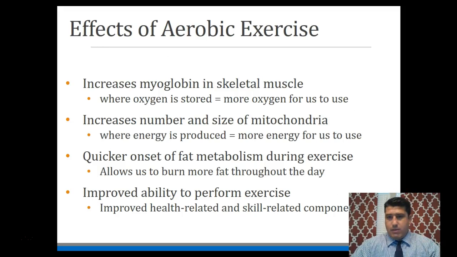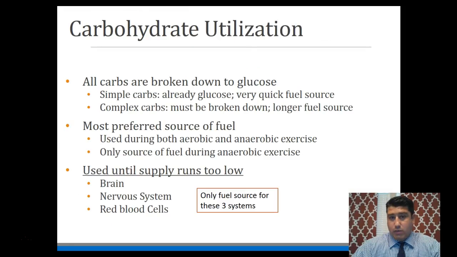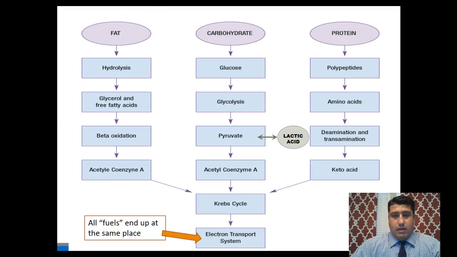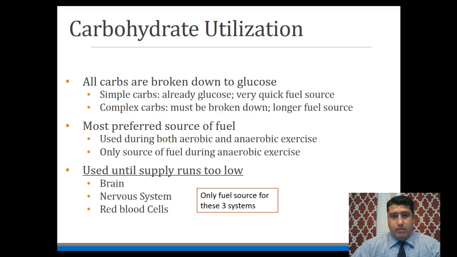Okay, so everything we do needs energy. When we move, muscles need energy in order to move. Whenever we digest food, the muscles in the digestive system need energy in order to maintain function. Okay, so as I mentioned earlier, carbohydrates are the most preferred fuel source. So if carbohydrates are readily available, the body will simply use carbohydrates.